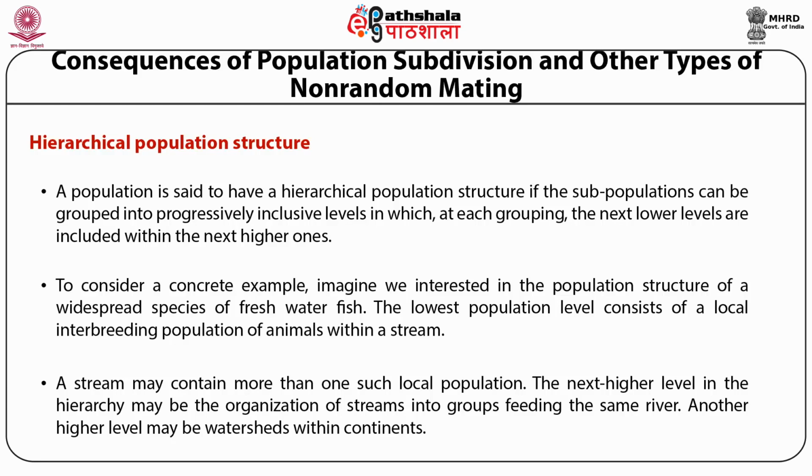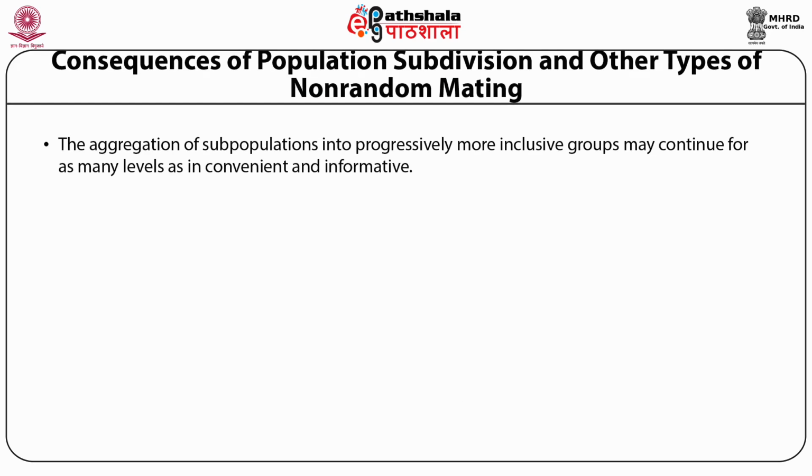The next higher level in the hierarchy may be the organization of streams into groups feeding the same river. Another higher level may be a watershed within a continent. The aggregation of subpopulations into progressively more inclusive groups may continue for as many levels as is convenient and informative.